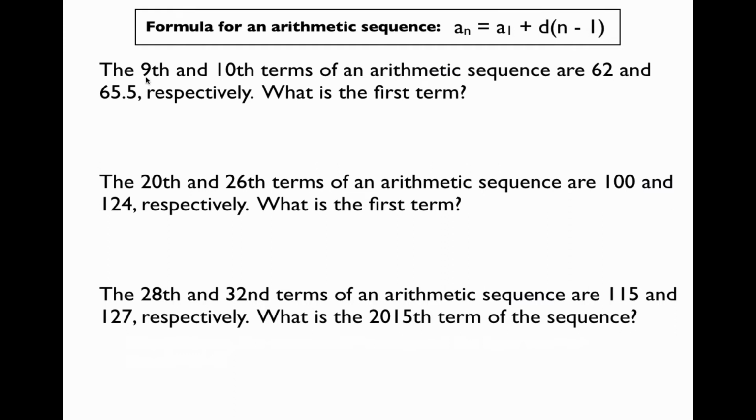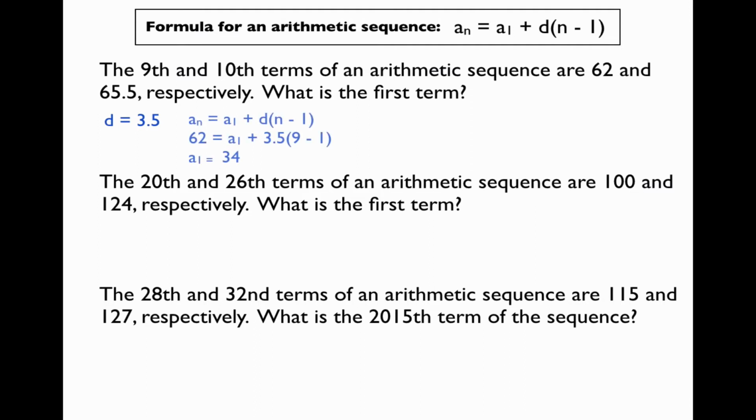And we know that the 9th term is 62, so that tells us the term number and the nth term. In this case, the 9th term would be 62, so that gives us 3 out of the 4 values, so we can solve the equation for a sub 1, or the first term.